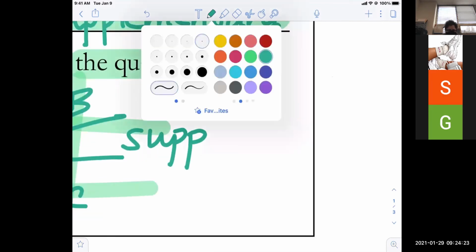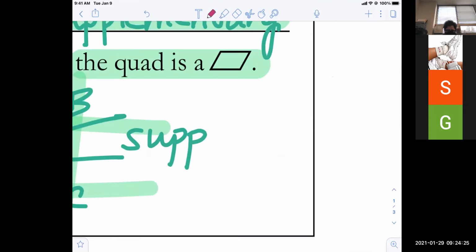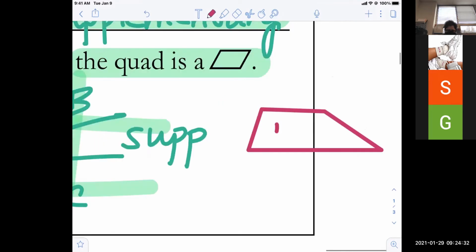this is kind of like a counterexample type of situation here that I'm drawing for you. A trapezoid has a pair of parallel sides and another pair that's not parallel.